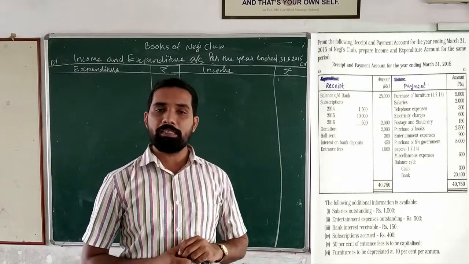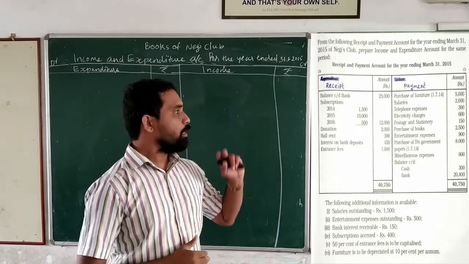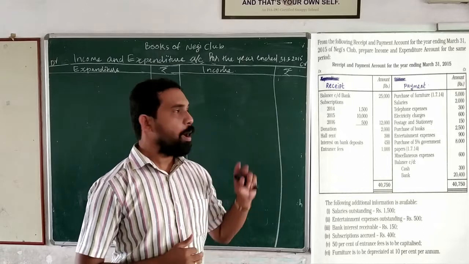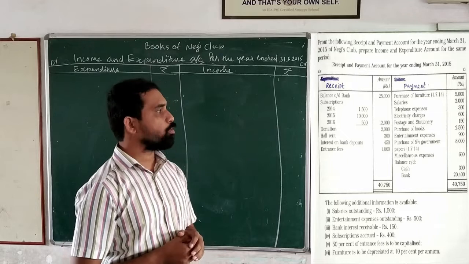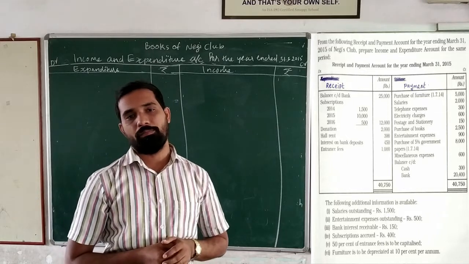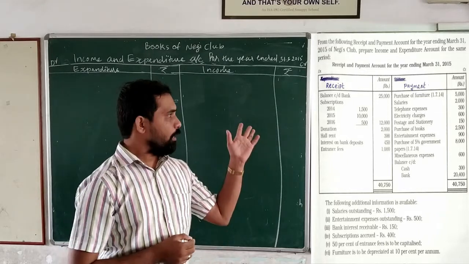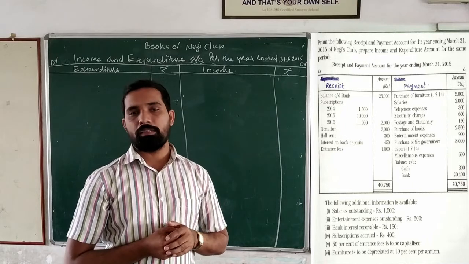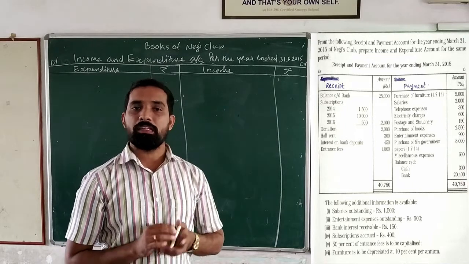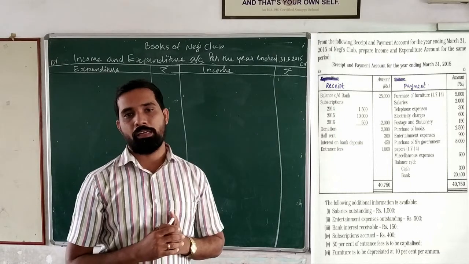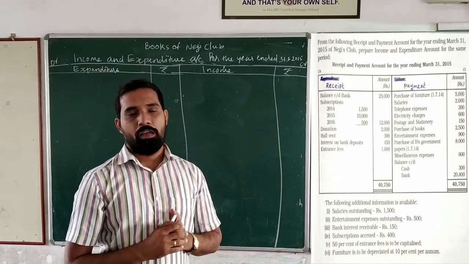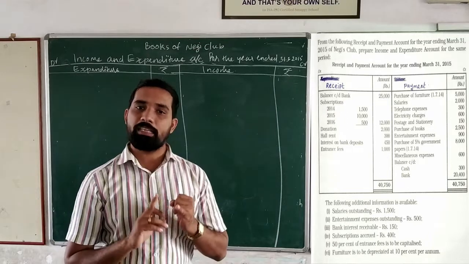In the receipts and payments account, the receipt side first item, balance brought down, that is bank balance, rupees 25,000. This is an opening balance. This opening balance need not be taken into the income and expenditure account. Then the second one is subscription.